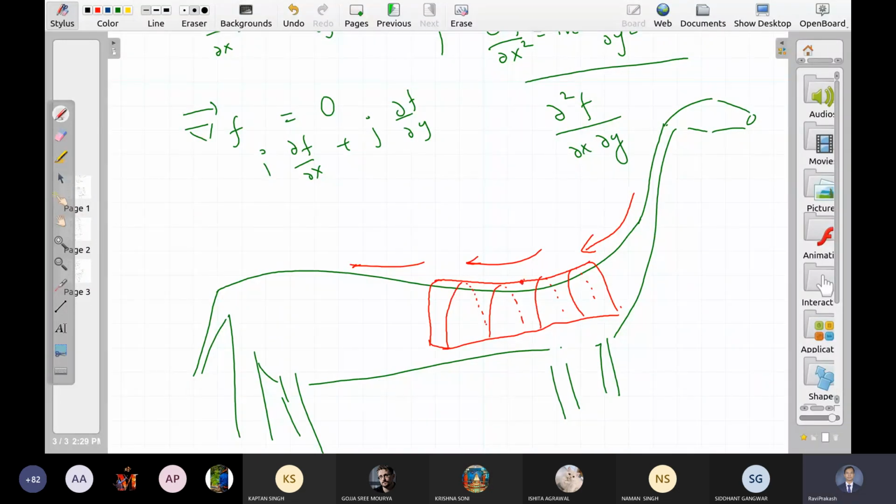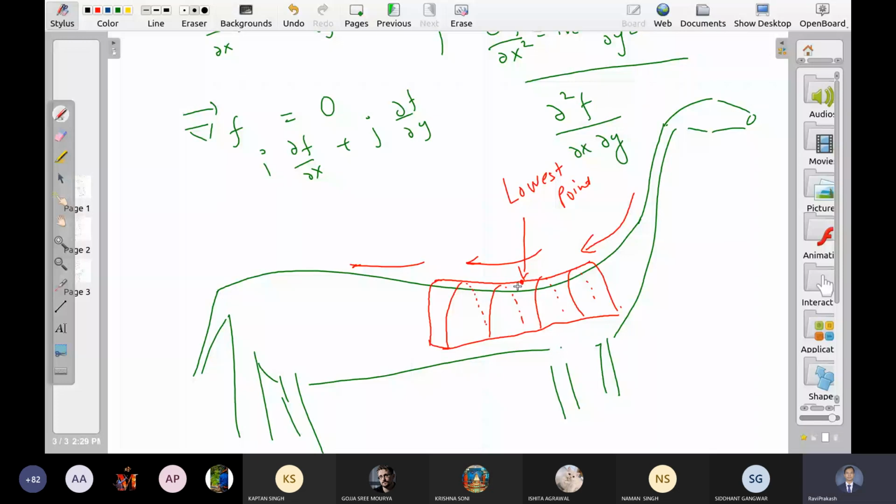If you go along the length, this looks like a lowest point, right? If you go towards the head, you have to go upward. If you go towards the back, then again you have to go upward.